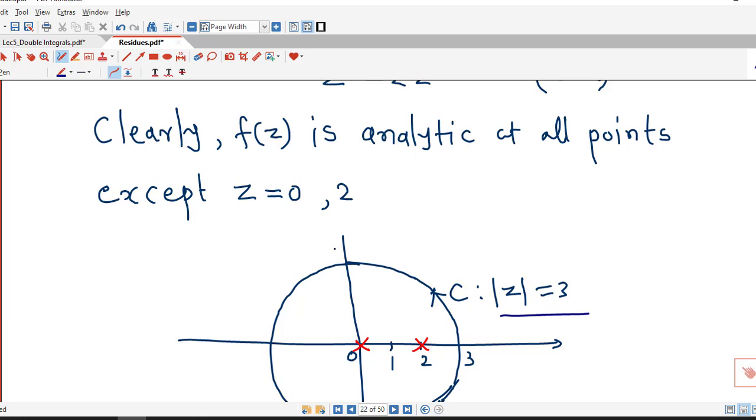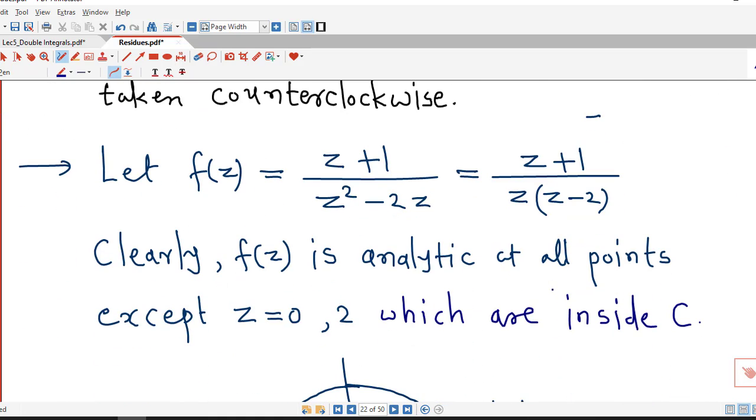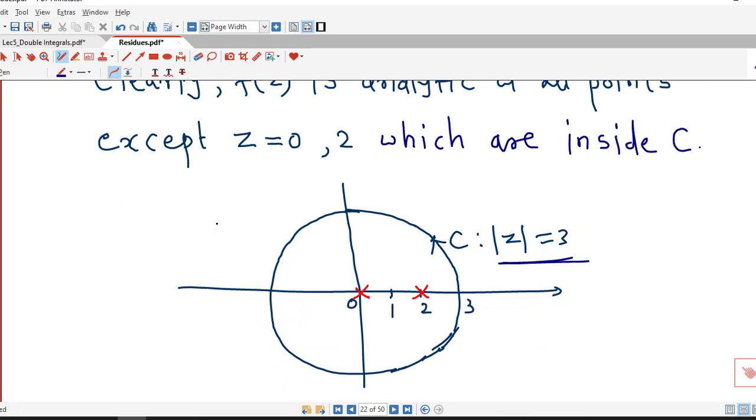So f of z is analytic at all points except z equal to 0 and 2, which are inside contour C, which is mod z equal to 3. So here the requirement of Cauchy's residue theorem is satisfied. F of z is analytic at all points inside and on the simple closed contour C except these 2 points. A finite number of points where the function is not analytic are allowed inside the contour.